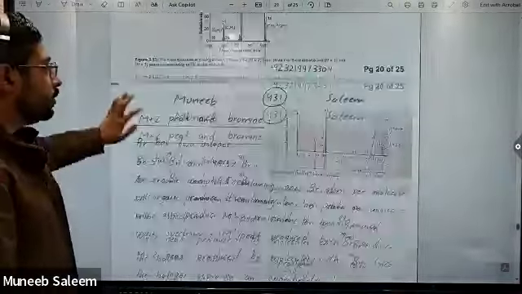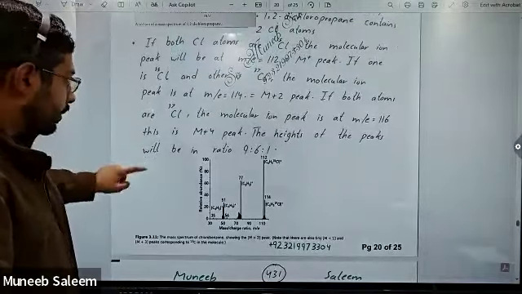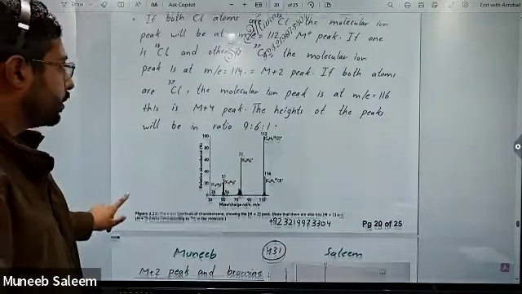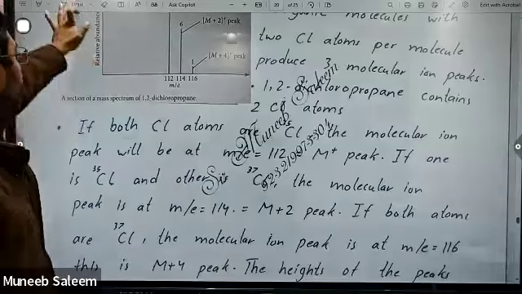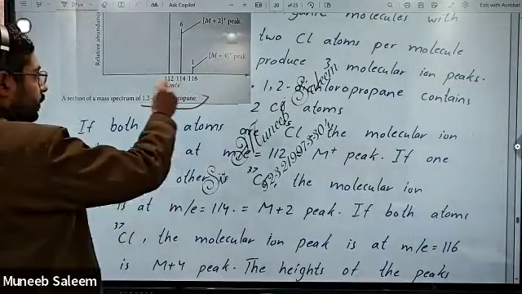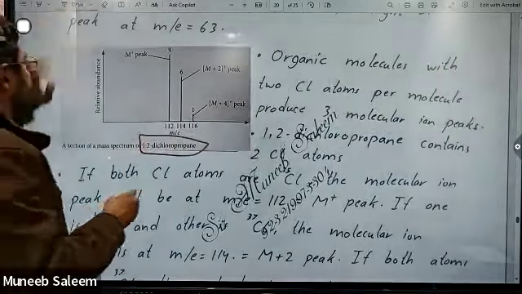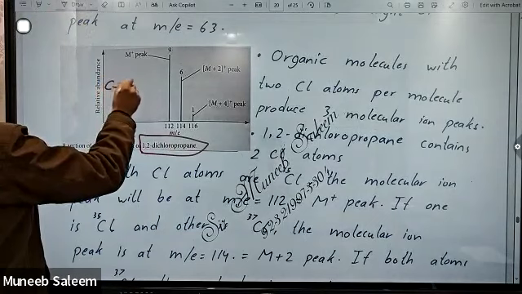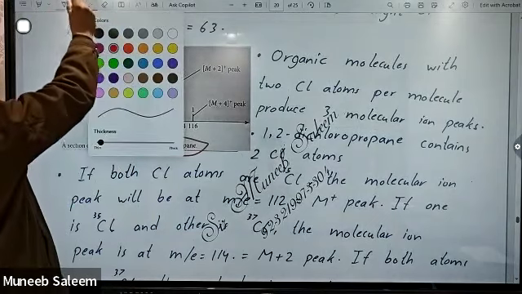So for this case, we will now consider an example of 1,2-dichloropropane. Now in this case, I will write a small simple structure. We have 3 carbon atoms and then we have 2 chlorine atoms on them.